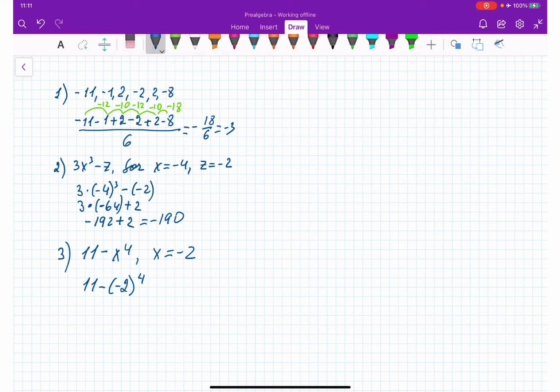All right, is equal. 11 minus negative 2 to the power 4, it's going to be positive 16, and we get negative 5.